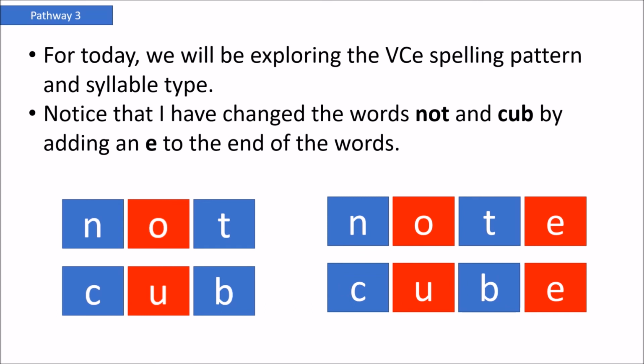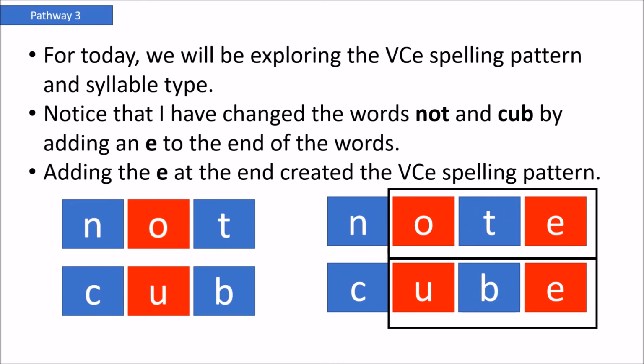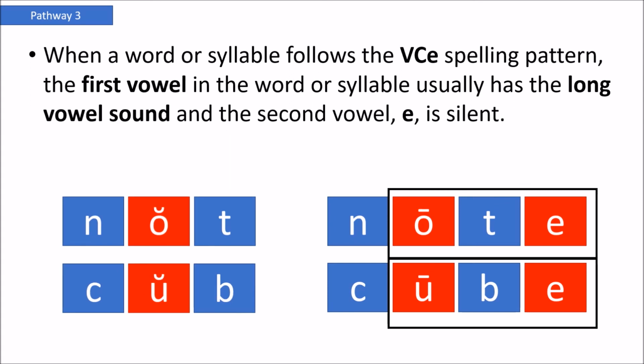Notice that I have changed the words not and cub by adding an E to the end of the words. Adding the E at the end created the VCE spelling pattern. When a word or syllable follows the VCE spelling pattern, the first vowel in the word or syllable usually has the long vowel sound, and the second vowel, E, is silent.